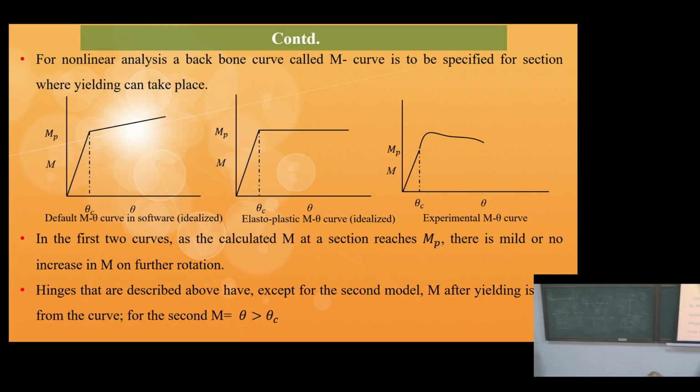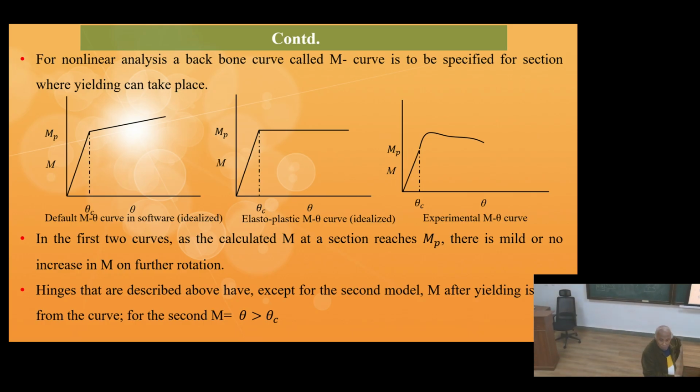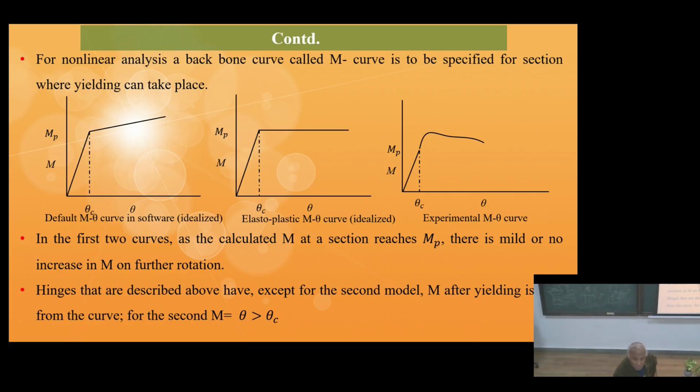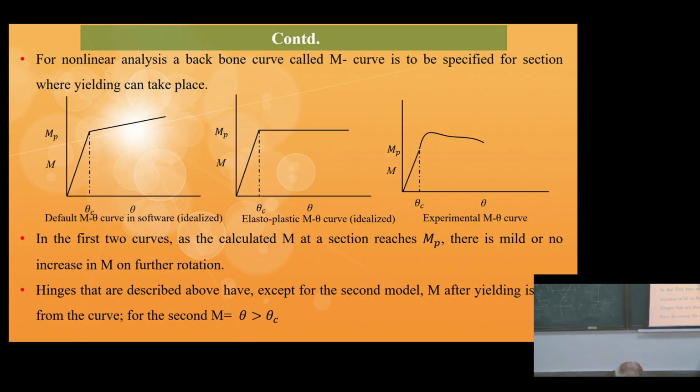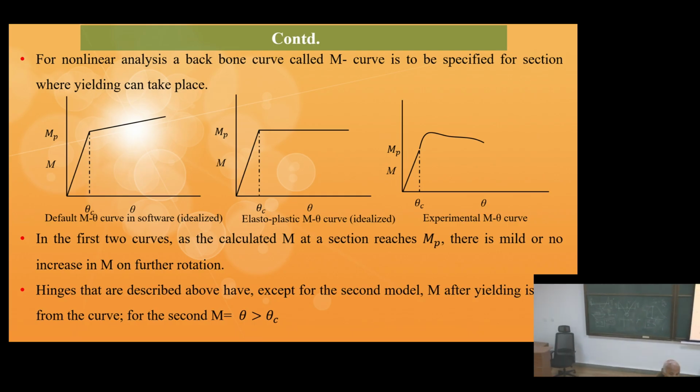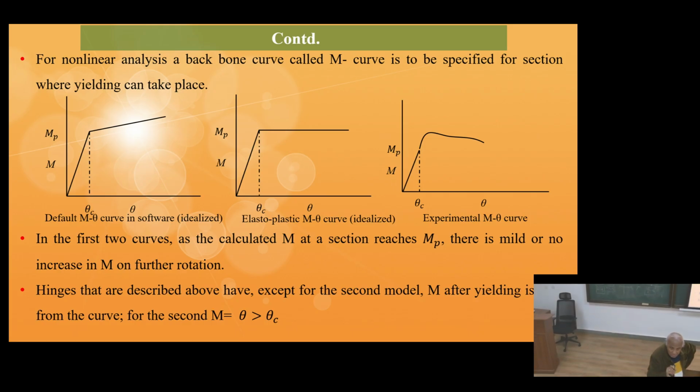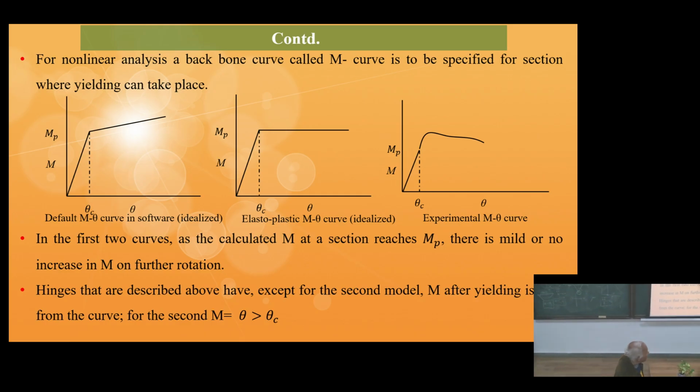So up to this point you do a linear calculation for the particular cross section, and once MP is reached, then for further theta the moment relationship is governed by this curve. You calculate theta first from the displacements, and once you calculate theta, then from the curve you read the value of the moment.